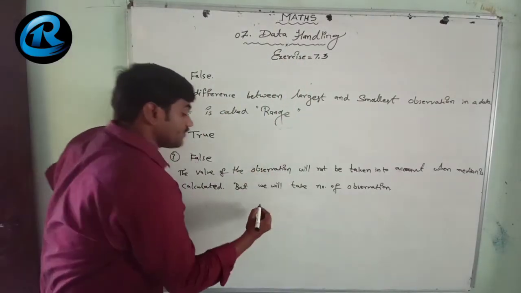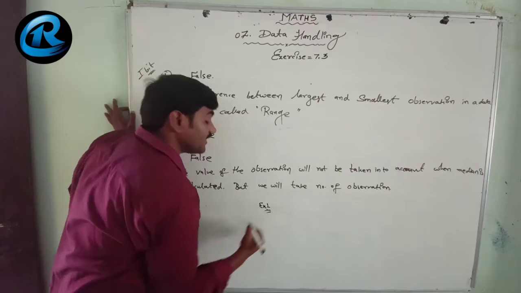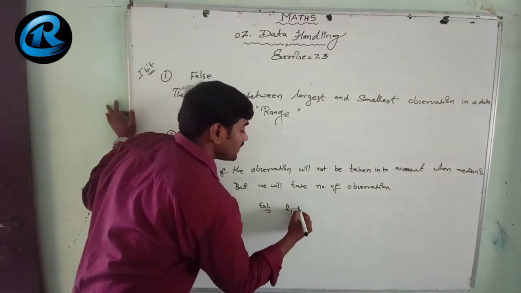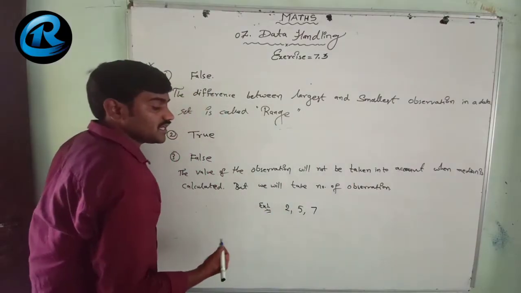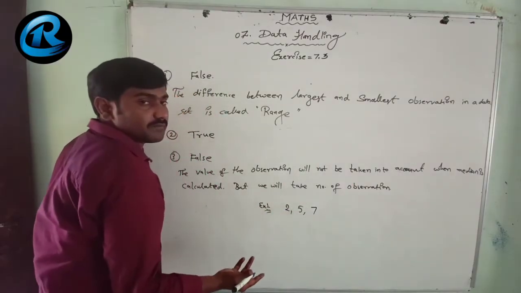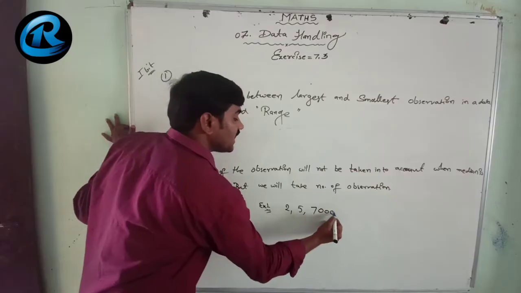Children, you have to remember this very carefully. When finding the median, suppose we ask what the median of this data is. 5 is the median, simple. Then what is the median of this data now?